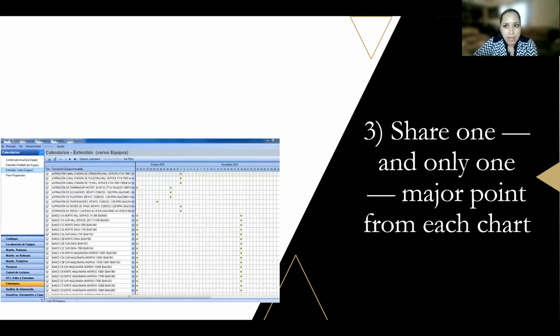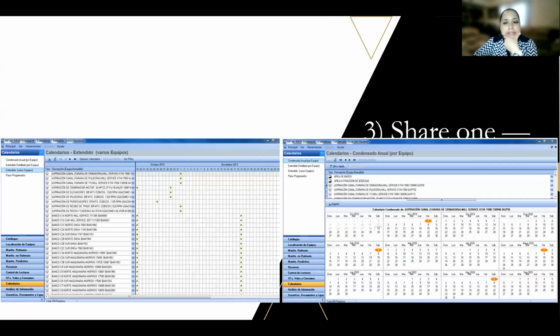This is from a project in maintenance, using software for organizing the maintenance on a plant. So here's the thing. If we show all of this information at the same time in one slide, what happens? It's like, what are you showing me? Should I read here? Should I read there?